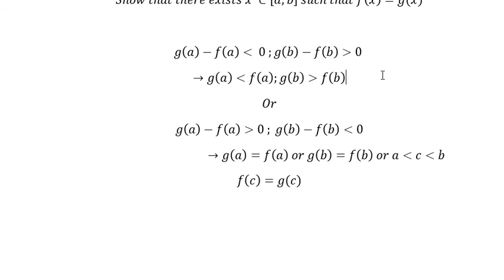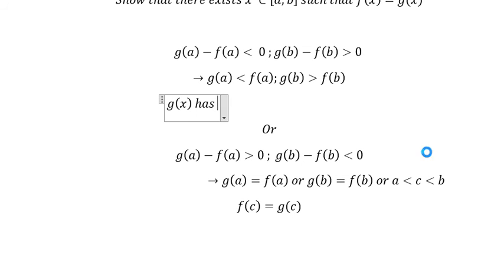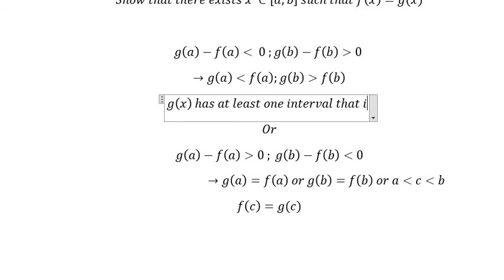So we can conclude that the function g is smaller than f at the value a, and g of b is bigger than f of b. It means g of s has at least one interval that is increasing.